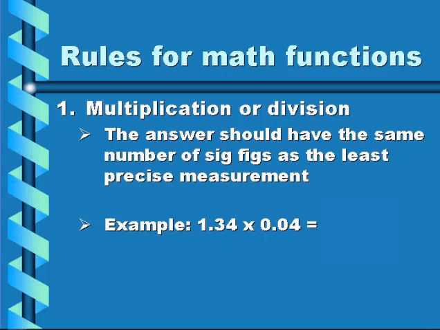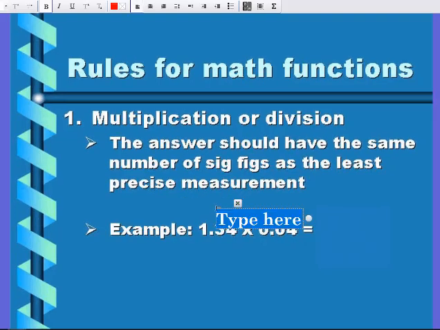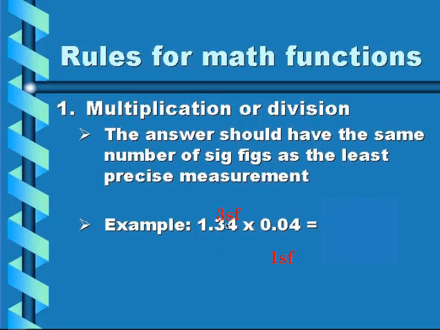So 1.34 has 3 significant figures, and then 0.04 has 1 sig fig. You plug that into the calculator and you get 0.0536. But your answer can only be in 1 significant figure, so it's 0.05.